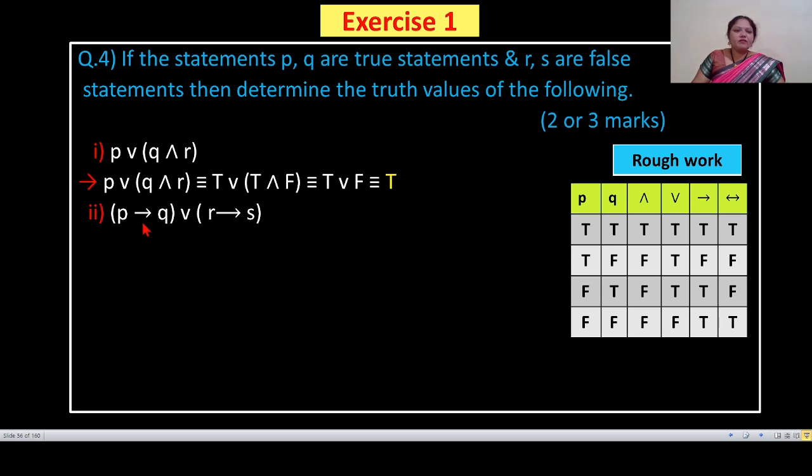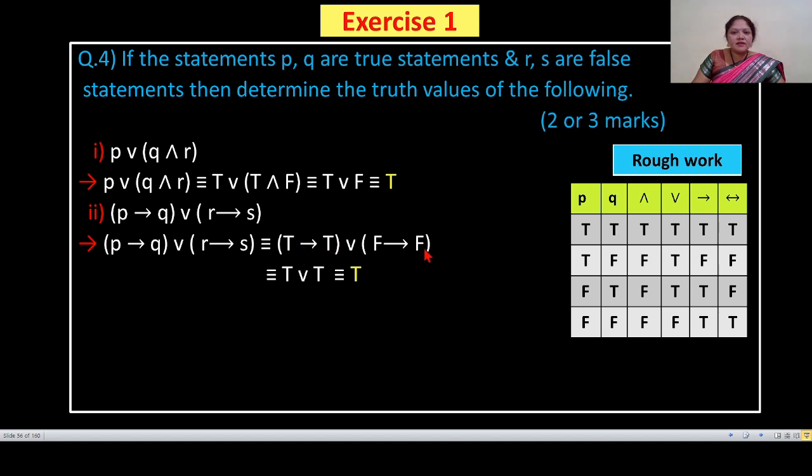Next example, P implies Q or R implies S. Truth values of P and Q are T and truth values of R and S are F. First put truth values of P, Q, R and S. T implies T or F implies F. We know that implication is true in all cases except when the first statement is true and the second statement is false, then their implication is false, otherwise implication is true.